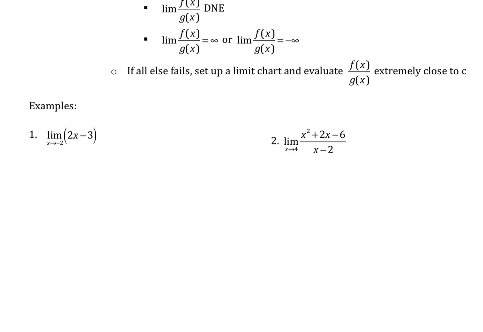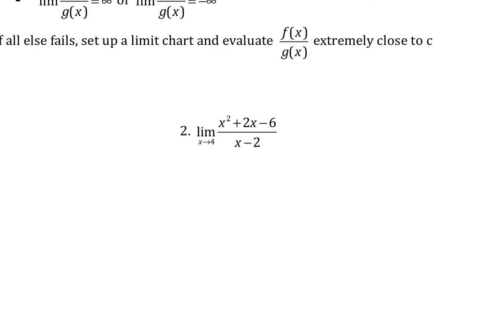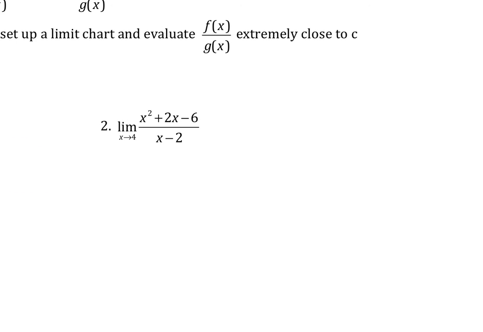So starting off with these two, the first one we just have the limit as x approaches -2 of 2x minus 3. So no quotient happening here. So I can just go in and do direct substitution. And that's going to give me -7. On number 2, we want to check to make sure the denominator doesn't equal 0.